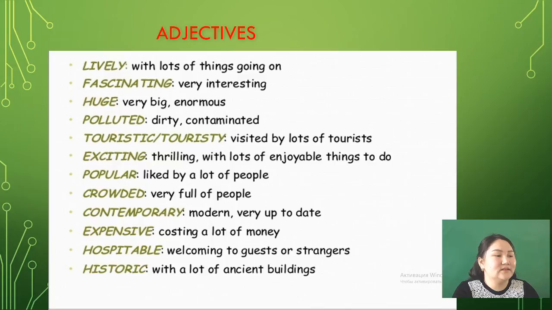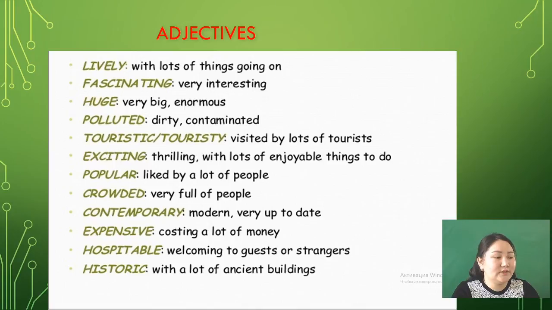Next, crowded. Crowded means very full of people in the place. Contemporary. Contemporary means modern, very up to date. Expensive. Expensive means costing lots of money. The opposite word is cheap.